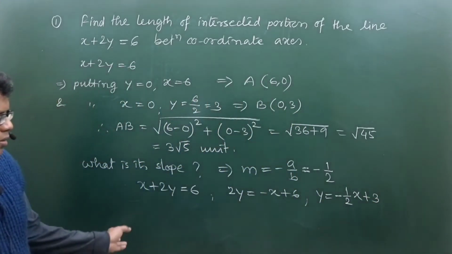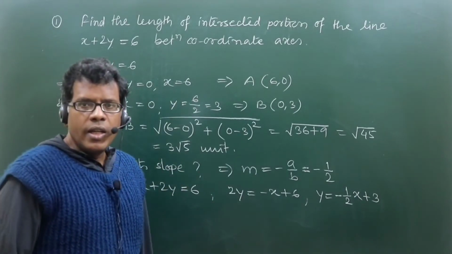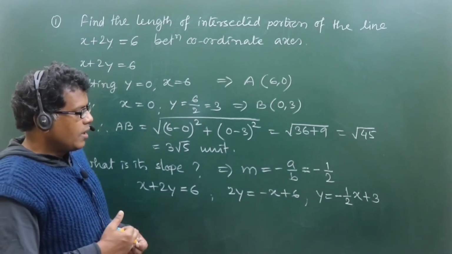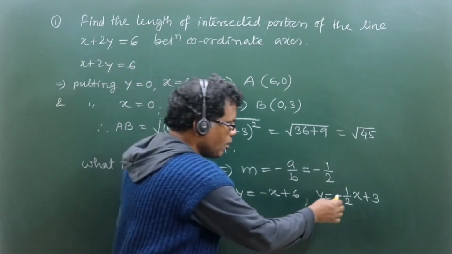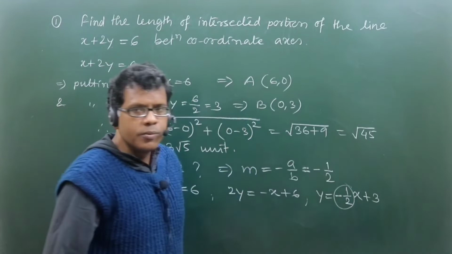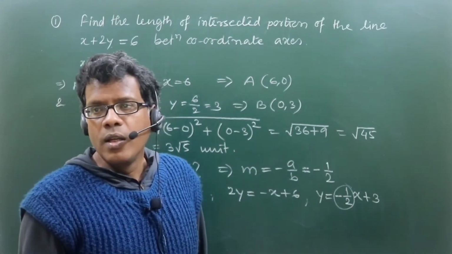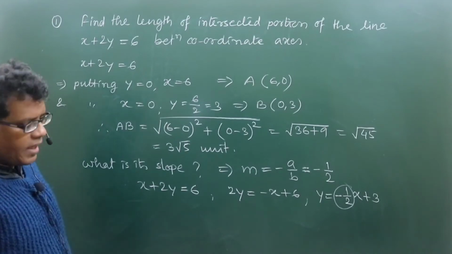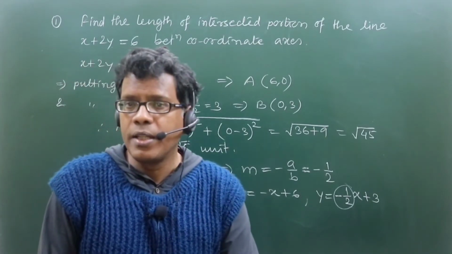So even if you transform it in the form of y is equal to mx plus c, then also we are getting m as minus 1 by 2. Fine. So yes, slope of this line is minus 1 by 2.